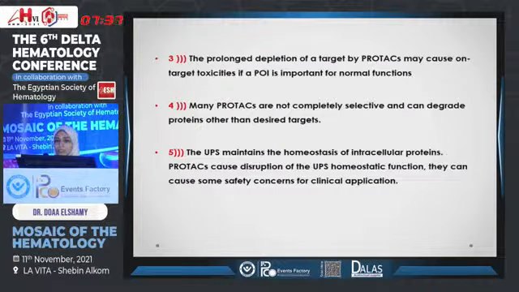The prolonged depletion of the target protein by PROTACs can cause toxic effects if the protein of interest is important in cell function, and many PROTACs are not completely selective and can degrade proteins other than the desired one. Also, the ubiquitin system maintains the homeostasis of intracellular protein, and PROTACs can disrupt this homeostatic function.